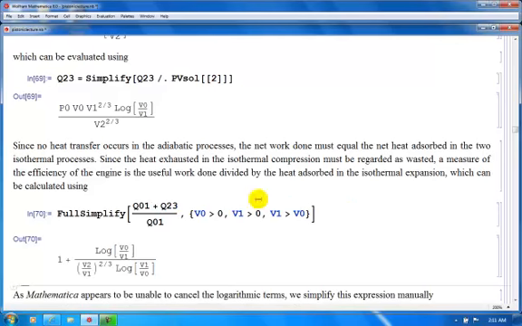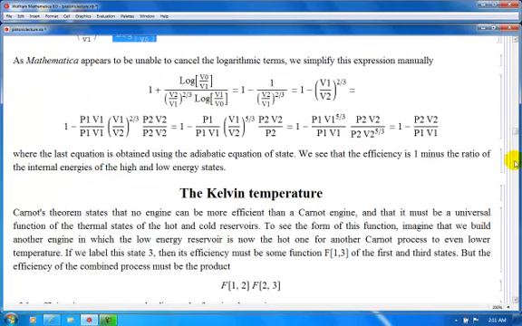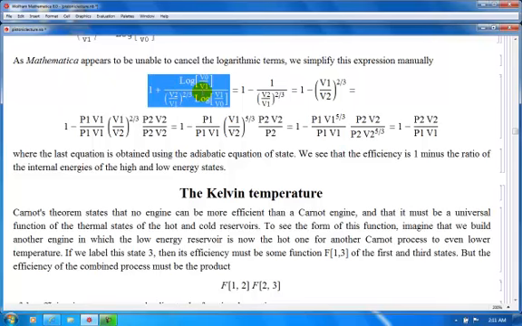And we get this. Now, somehow or other, Mathematica can't work out to cancel this term with this term. So we're going to do the rest of it manually. We'll take that expression and we'll divide those things out.